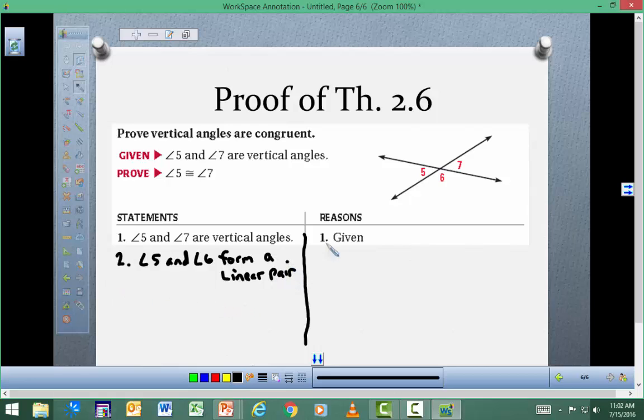Now I will just say that angles 6 and 7 also do the same thing. These both form a linear pair. Now, the reason why I know that is because there's a straight line here in our diagram. So, all we're using so far is the definition of linear pair.